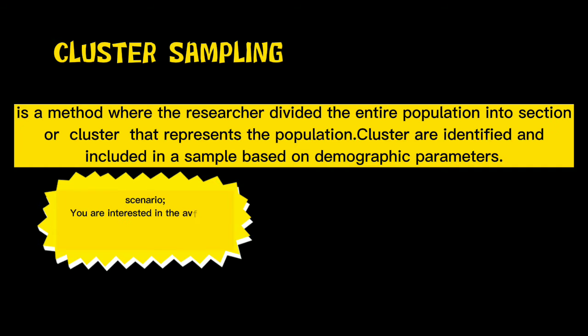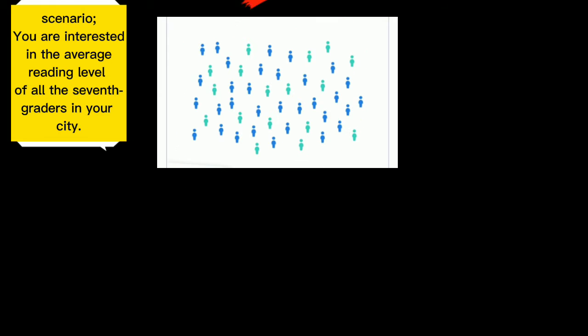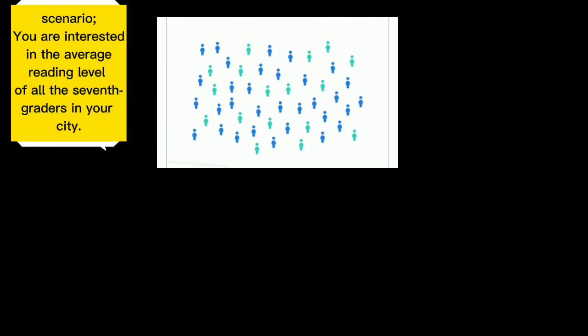Okay, let me read the scenario. You are interested in the average reading level of all the 7th graders in your city. It would be very difficult to obtain a list of all 7th graders and collect data from a random sample spread across the city. You must first begin by clearly defining the population you wish to study.